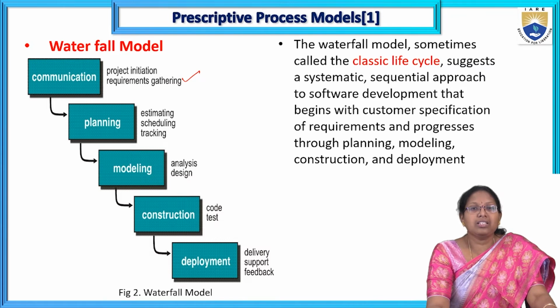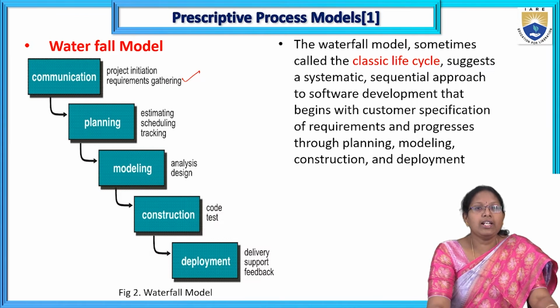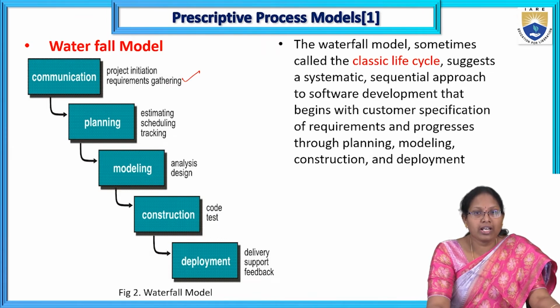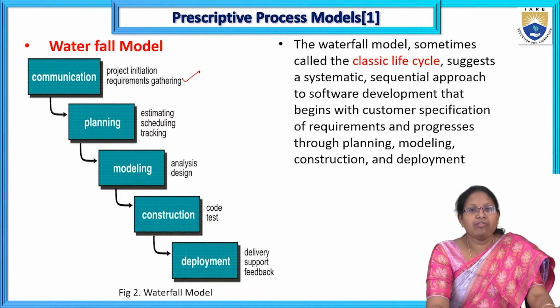These are the things in the waterfall model. Communication, planning, modeling, construction, deployment: all the process framework activities go sequentially. This is called the linear sequential model, waterfall model, or classic life cycle model.